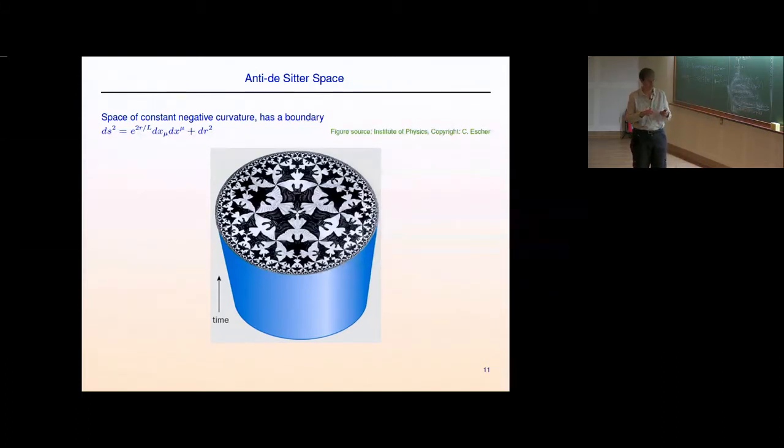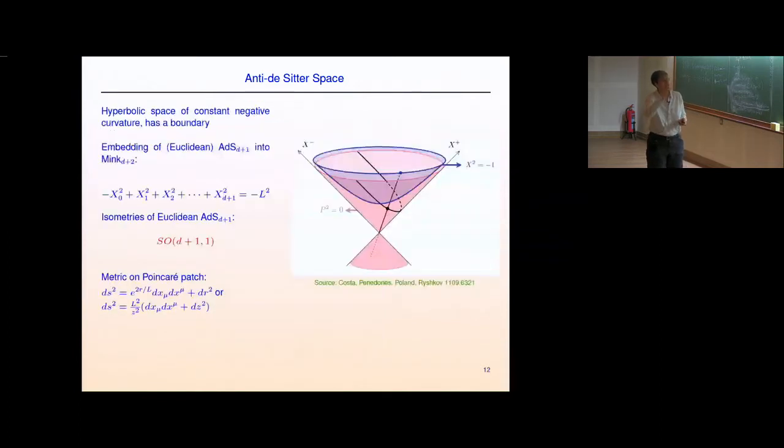Okay, so we have this hyperbolic space, and it has a boundary. Here this is drawn in slightly more mathematical terms. We have this hyperbolic space of constant negative curvature. If we take Euclidean signature, we can consider a D plus one dimensional anti-de Sitter space to be embedded into a flat D plus two dimensional Minkowski space by this equation.